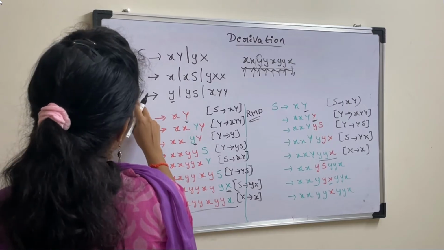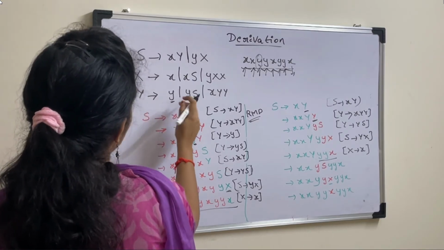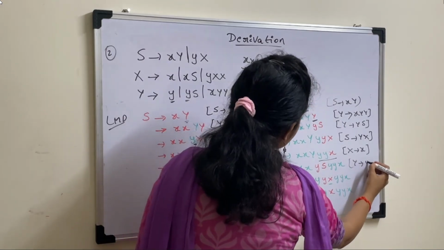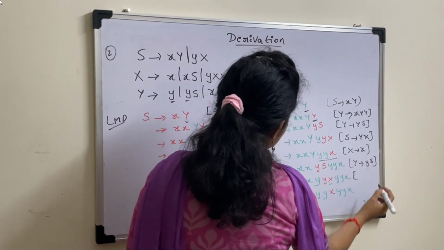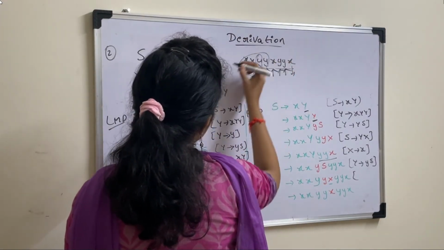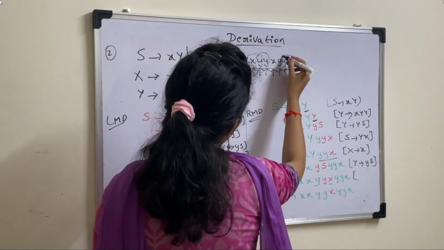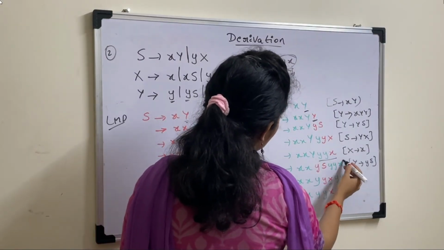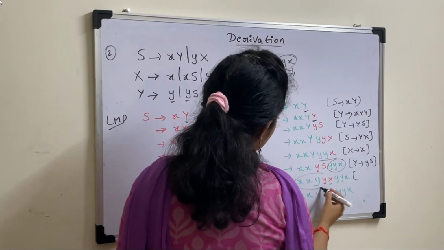So let us check those productions. Here we have ys. So substitute this capital Y with ys. Now we got xx, yy. So the first set of strings we got, and the last three strings we got before. These strings and these strings.